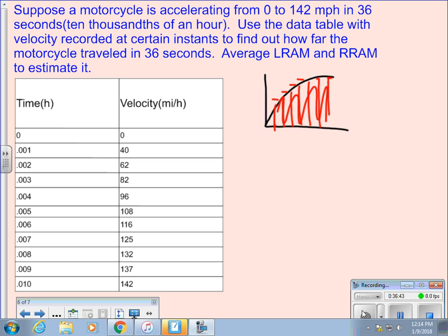My first rectangle goes from 0 to 0.01, and I go up until I hit that value. And my curve starts here and goes up like this. And I go up until either my left-hand side hits or my right-hand side hits. And you know, this is why teachers don't know their left from the right.